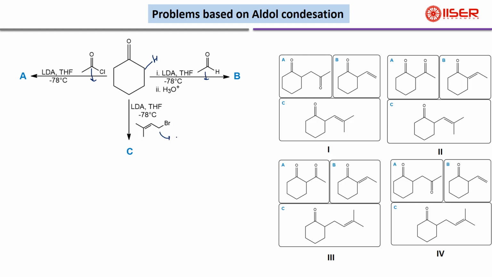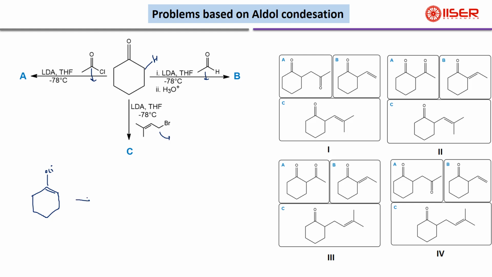So what will be our first step? First it will form this enolate. It will form this enolate. After that it will react one by one. Suppose in case of A, it will react with this acyl chloride.